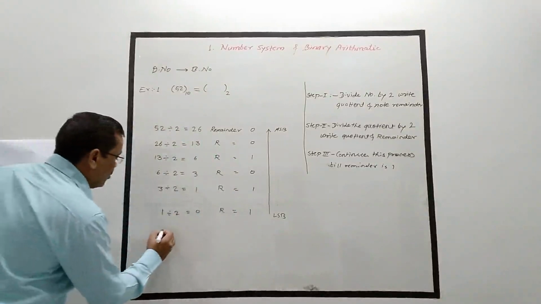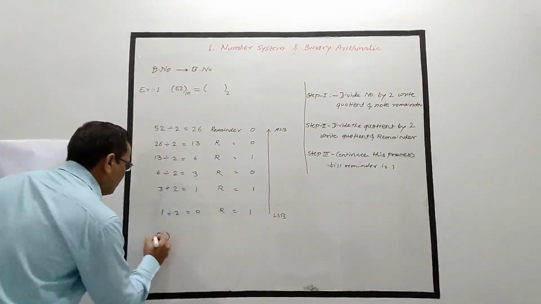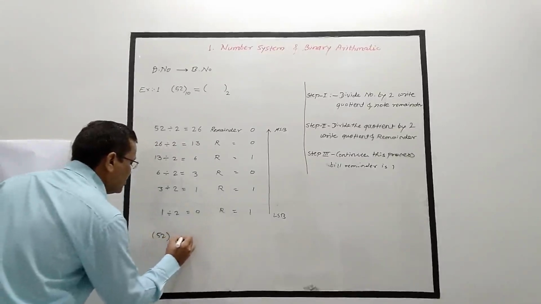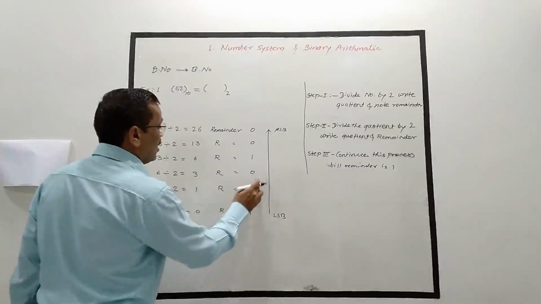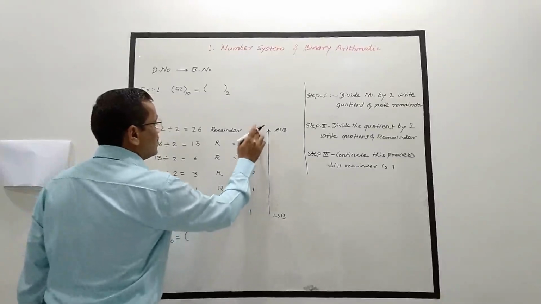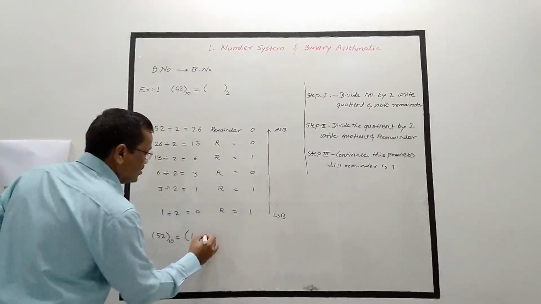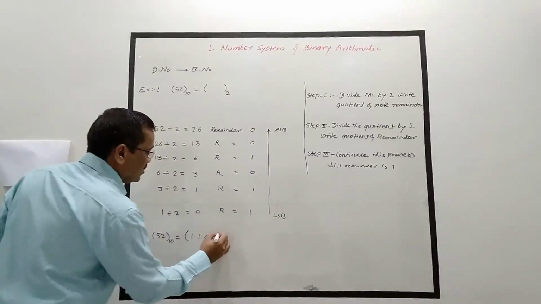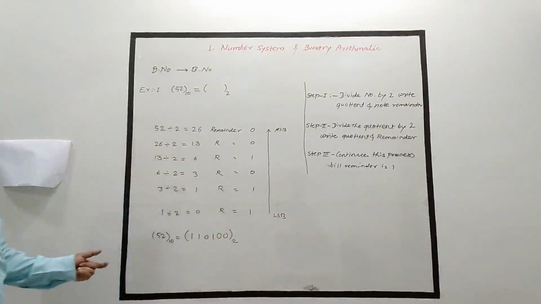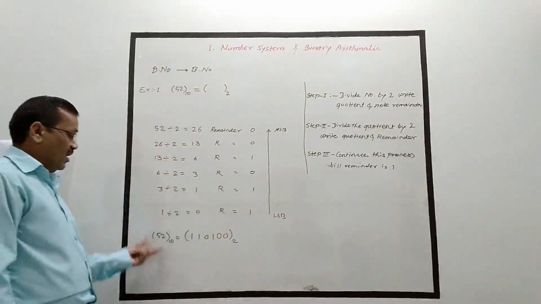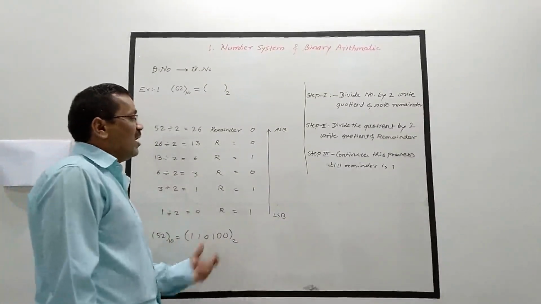So 52 of the decimal number system is converted into the binary number system as 1 1 0 1 0 0. It is a binary. In this way, we can convert any decimal number to its equivalent binary number.